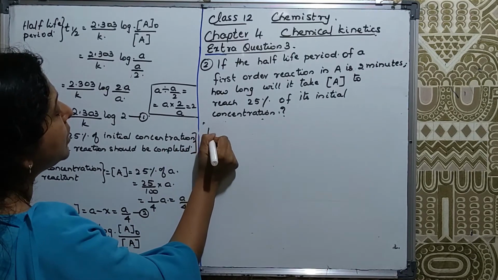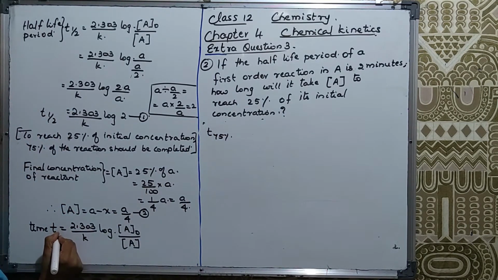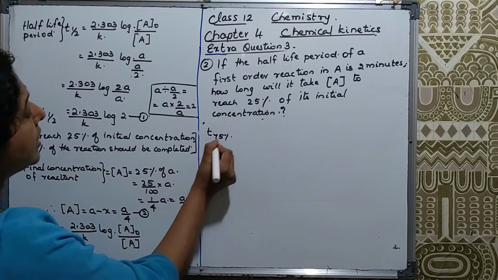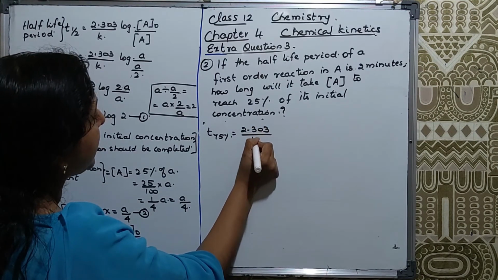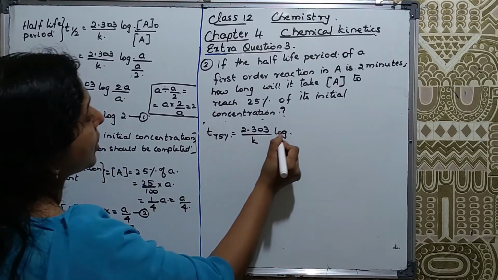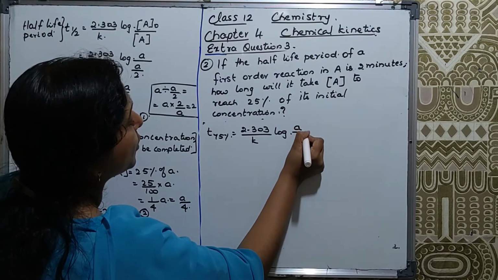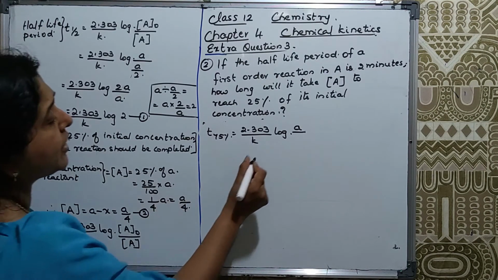So T equal to T 75%. T 75% equal to 2.303 divided by K log of the concentration A0, we took a small letter a, divided by the final concentration we got as A by 4.